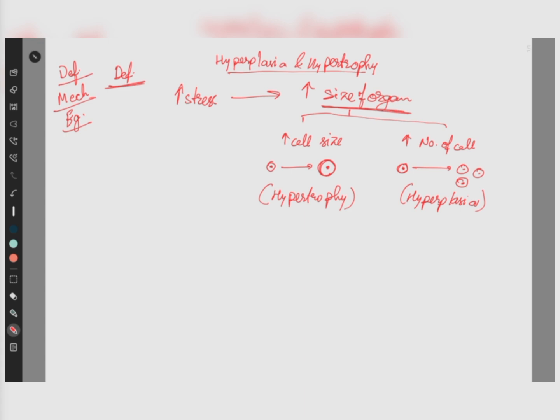Now some points to remember are: first is generally hyperplasia and hypertrophy occur together. Common example for this is uterus in pregnancy.